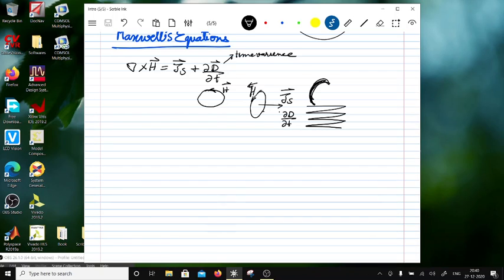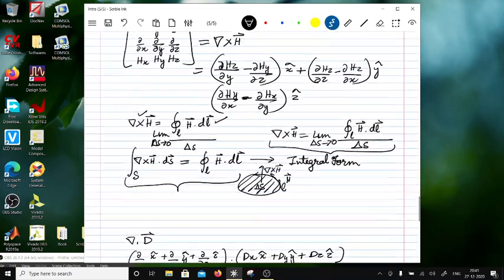Similarly, loop of E. Now you would say there cannot be a loop of E, because loop of E should be 0. Why? Because this is your Kirchhoff's voltage law, so this comes from here.